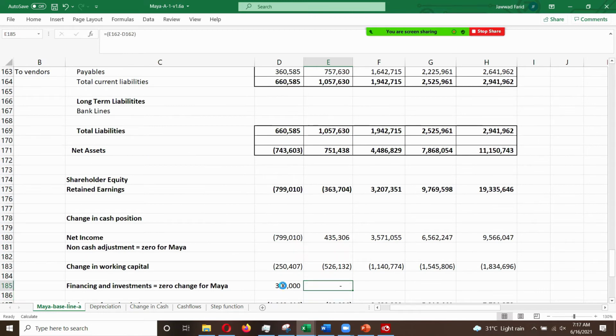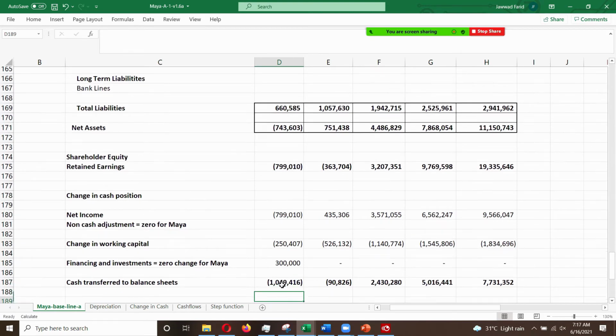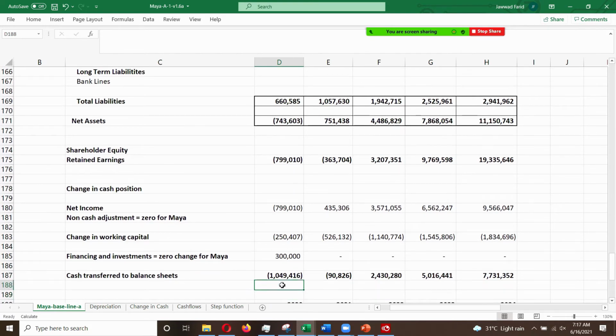So every year after this is going to be 0. So what I do is I go in and plug this in also. And I say, okay, let's add this much, plus 300,000, and see what happens. All right, so this is one error that we fixed.